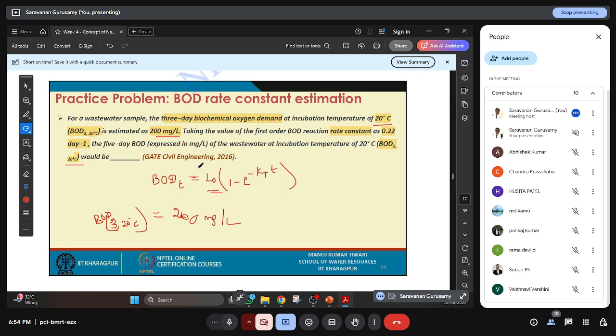What they are asking: taking the first order BOD degradation rate constant K as 0.22 per day, which is always given at 20 degrees Celsius only. Then they are asking for the 5-day BOD at 20 degrees, so we need BOD 5 at 20 degrees Celsius.